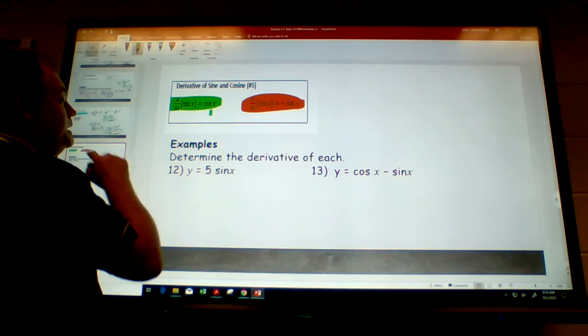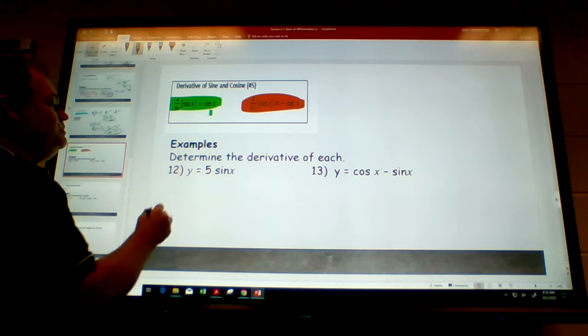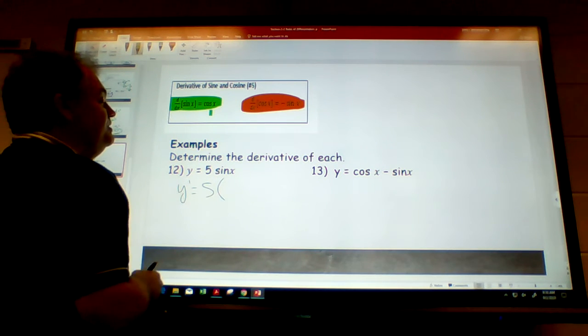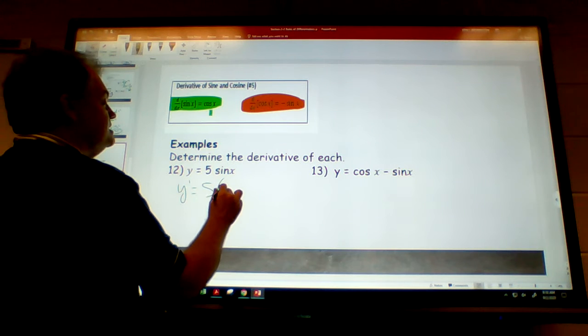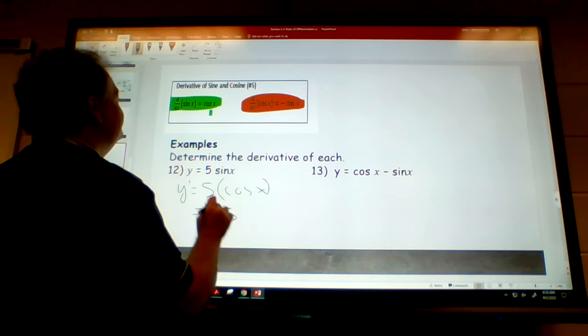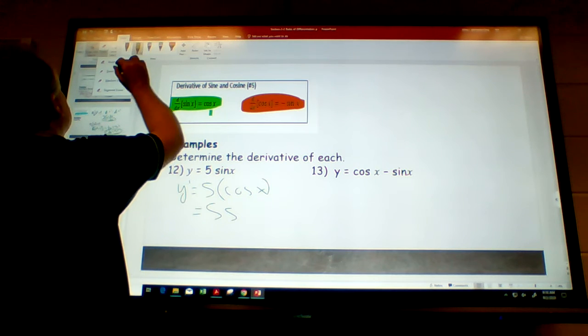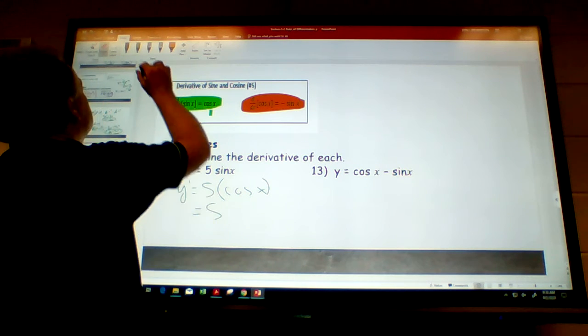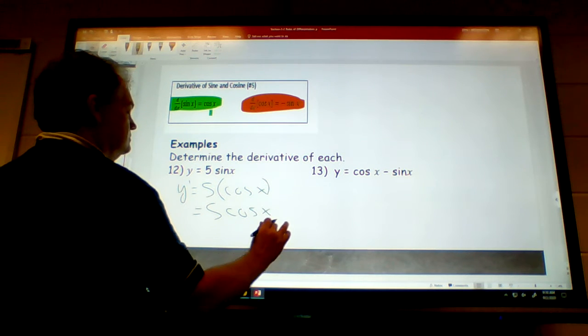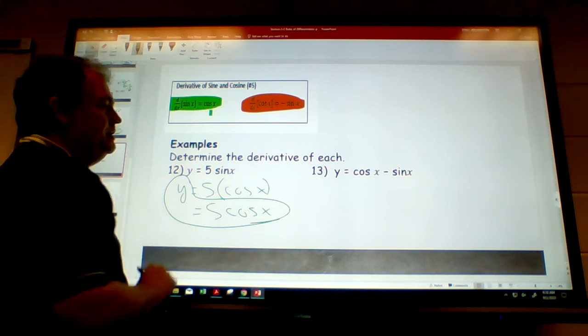All right. So, y prime equals 5 times the derivative of sine of x. Well, derivative of sine of x is cosine of x. So basically, it is 5 cosine x. There you go.